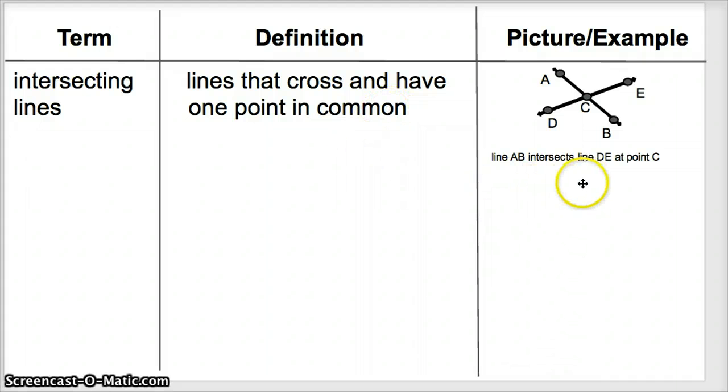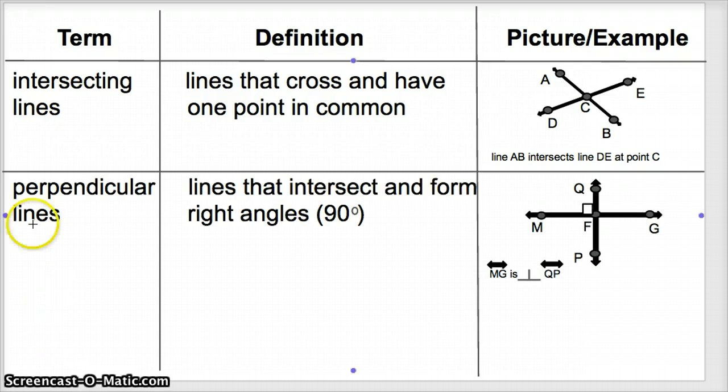There's no symbol you can write to shorten it up. You actually have to use the word intersect. Again, draw a line right here underneath intersecting lines, and then draw the next term, which is perpendicular lines.